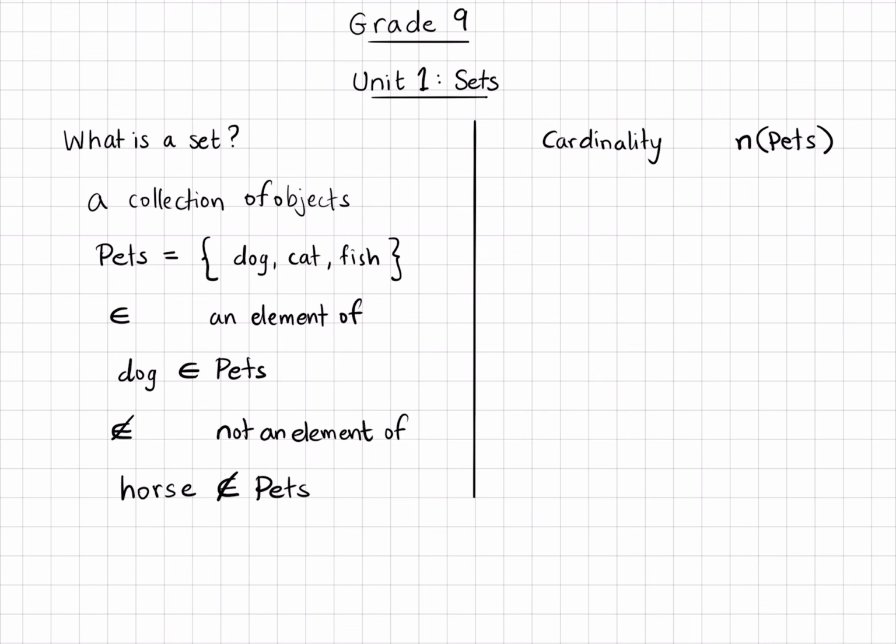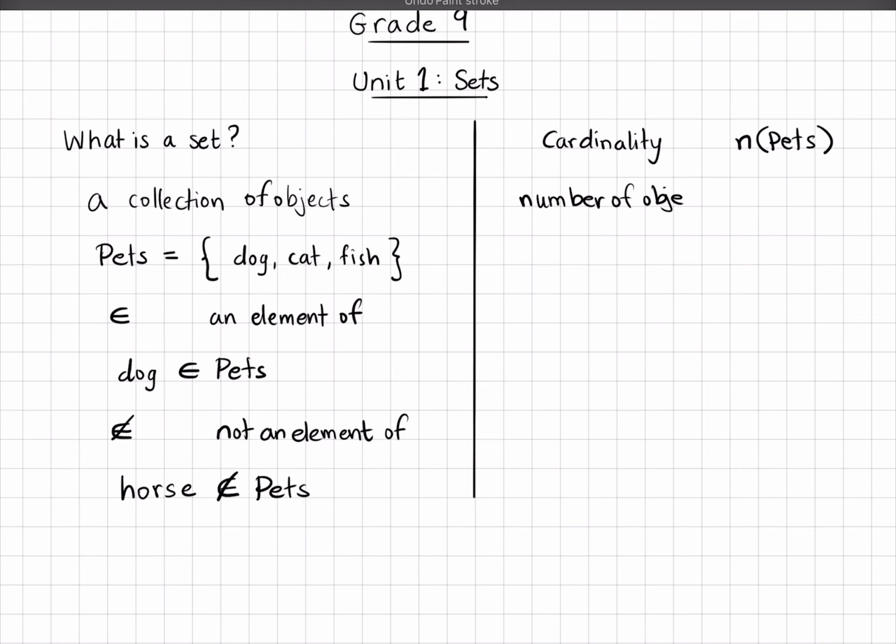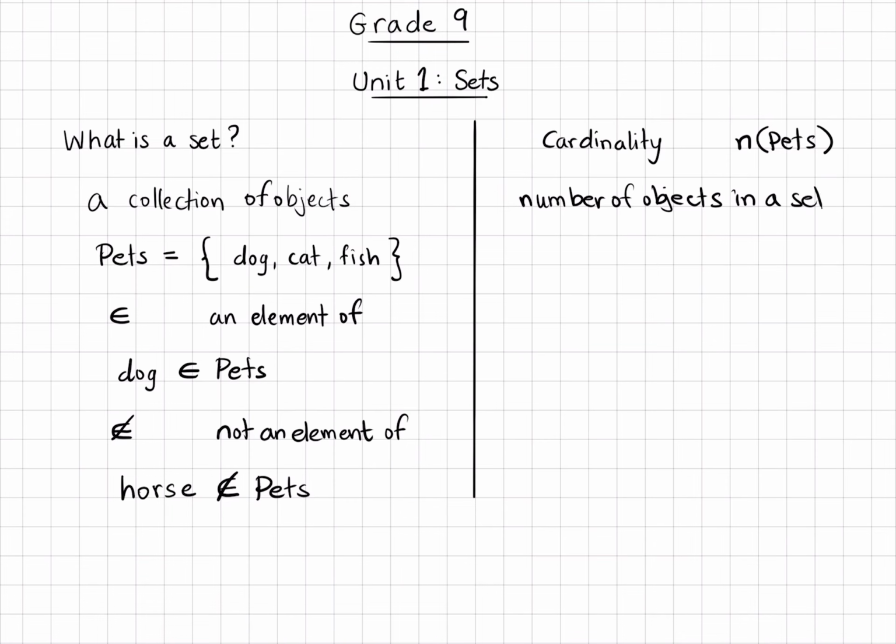It describes the number of objects, not the objects themselves, but how many of them I have in the set. And the way to use this is, again, using the set pets, I can say n of pets equals, I have 1, 2, 3, so 3. So far, so good.